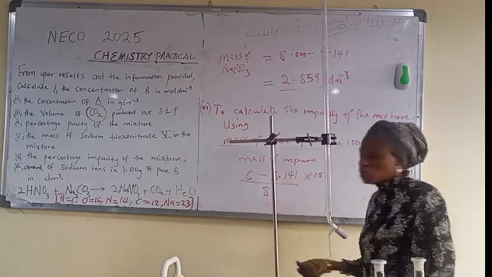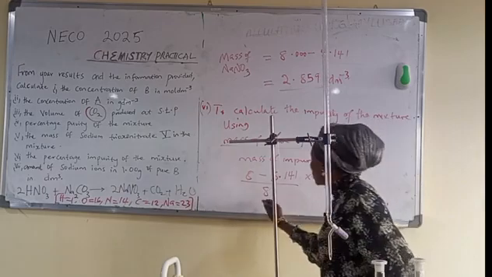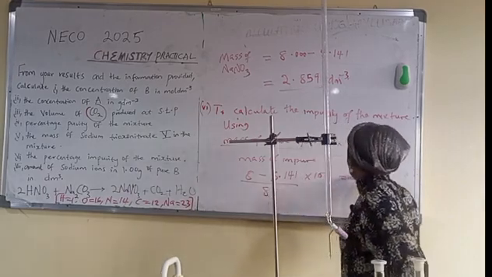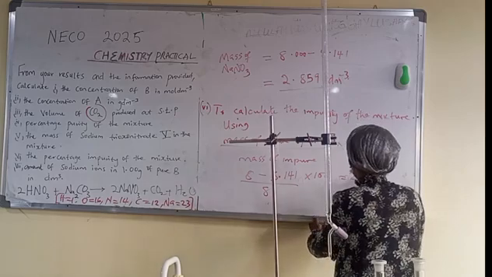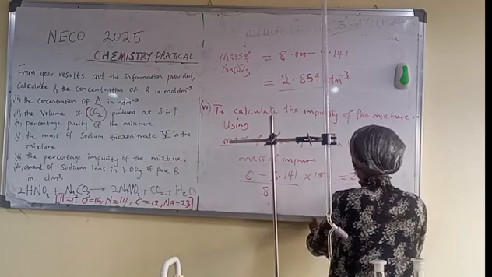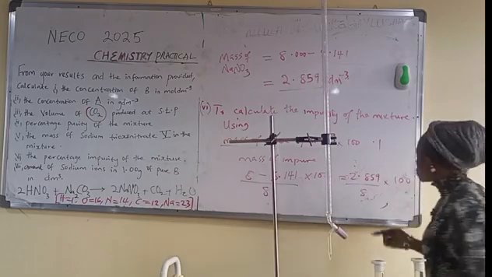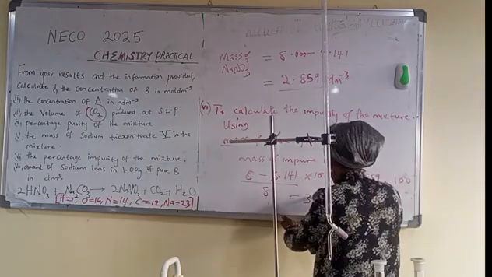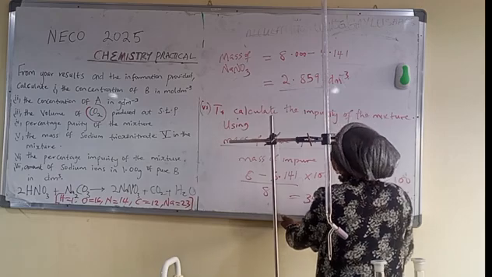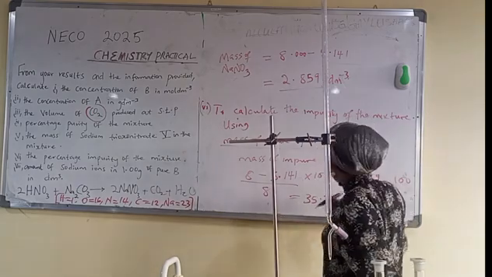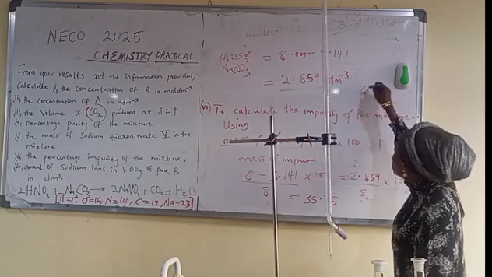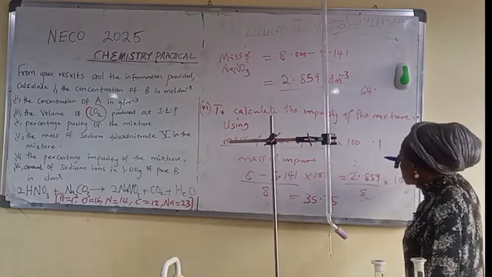So this one gives us 2.859 all over 8 times 100. So we have 35.75. The percentage that we obtained before was 64 point something.